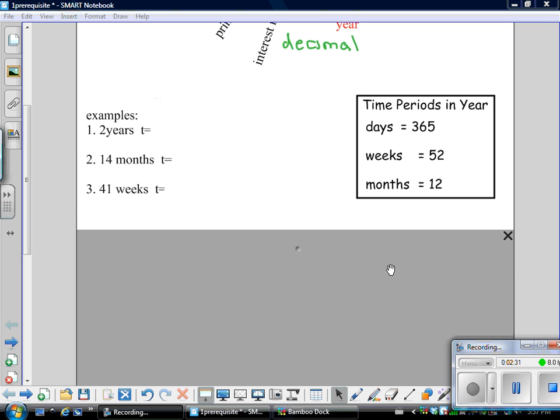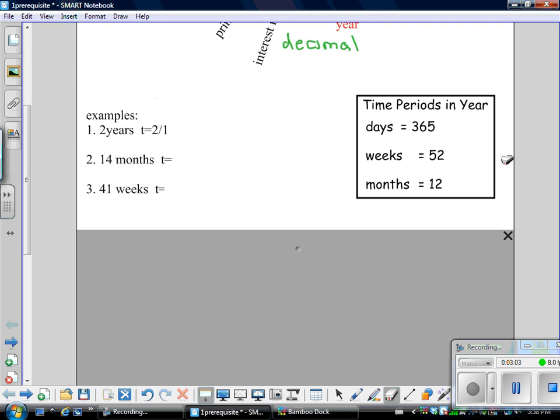Now, what that means when I'm actually doing my calculation for my variable t in the formula is, for instance, if it says 2 years, well, that question I said to you, how many years are there in a year? And you said one. So what's happening here is we're taking the 2 years, so the t would be 2, and I could divide it by 1 if I wanted to. 14 months, well, there are 12 months in a year, so I'm going to go 14 divided by 12.